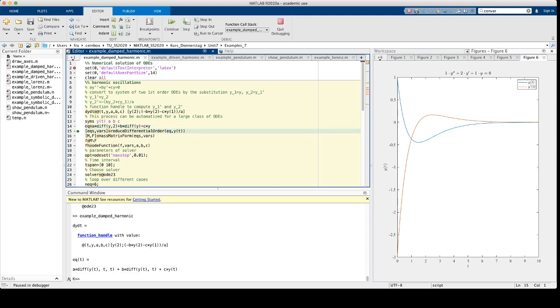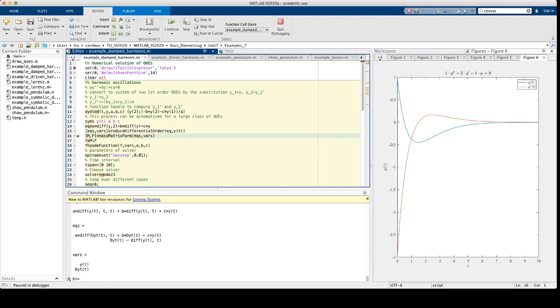Then we invoke the function reduce differential order. This function generates now two equations in two unknown functions, which are called y and dyt.